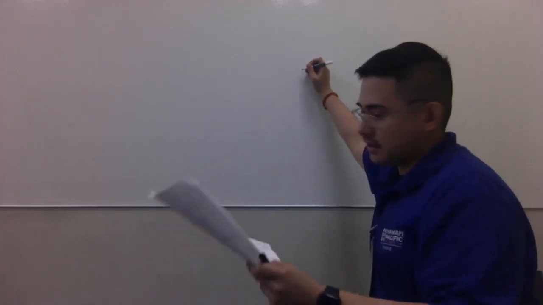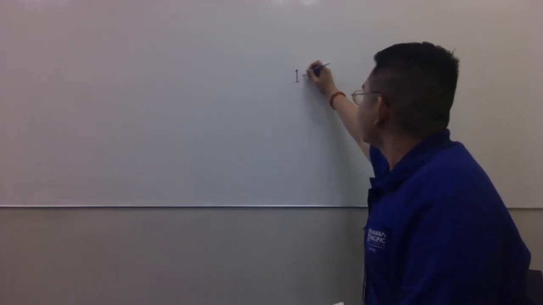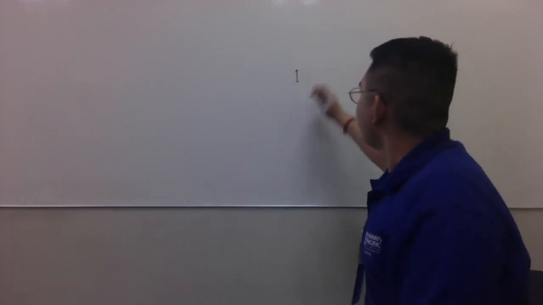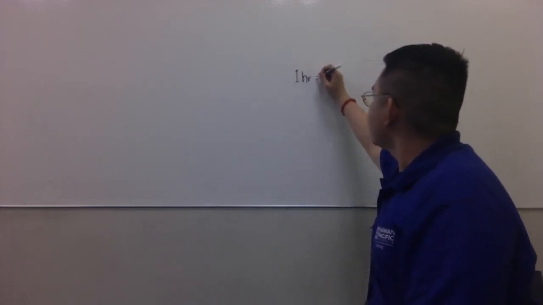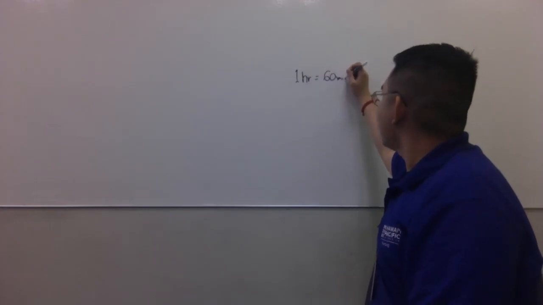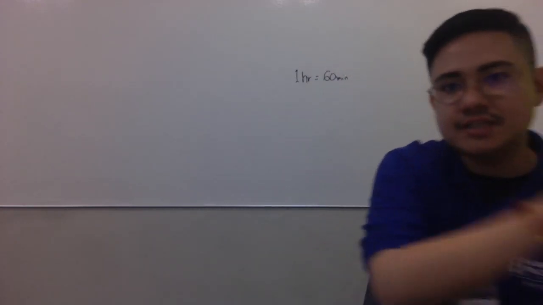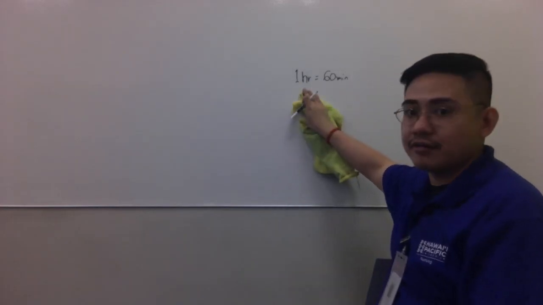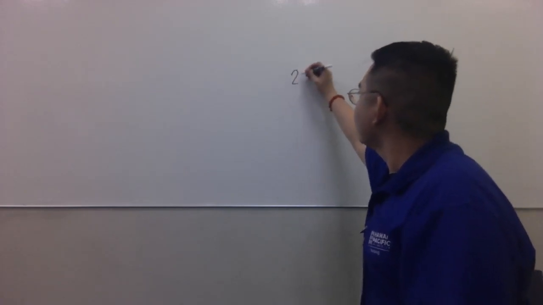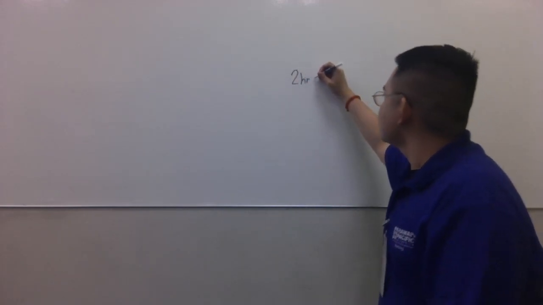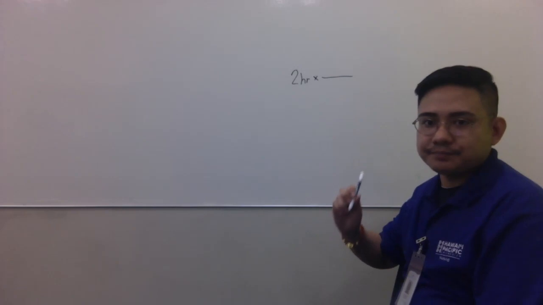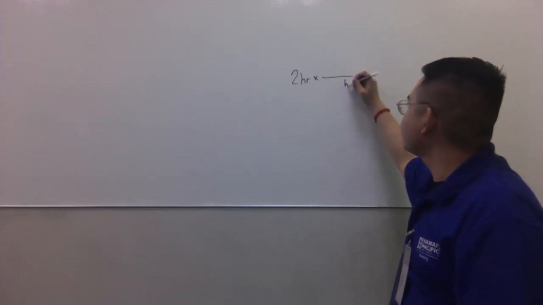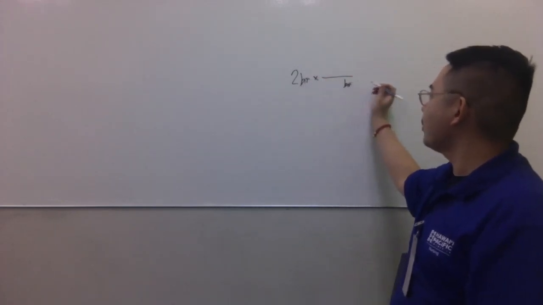We know for sure 1 hour equals 60 minutes. But in the question, we want minutes. It gives us hours, but we need minutes. So we just use the conversion factor. If we have 2 hours, we multiply by this, putting the hours here so the units will cancel out.